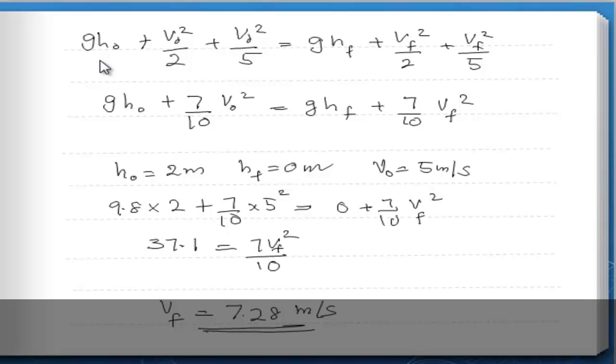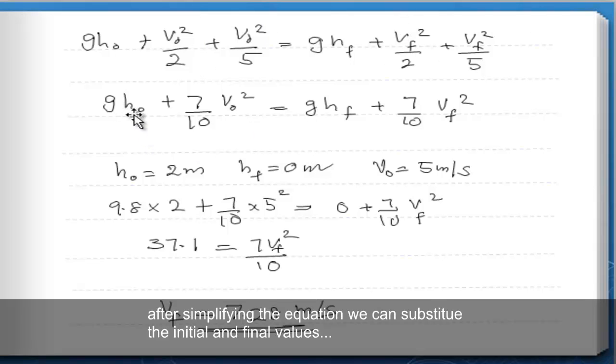So the equation simplifies to gh0 plus v0 squared over 2 plus v0 squared over 5 equals ghf plus vf squared over 2 plus vf squared over 5. We can add these two terms and we can add those two terms as well. So it becomes gh0 plus 7 over 10 v0 squared equals ghf plus 7 over 10 vf squared.